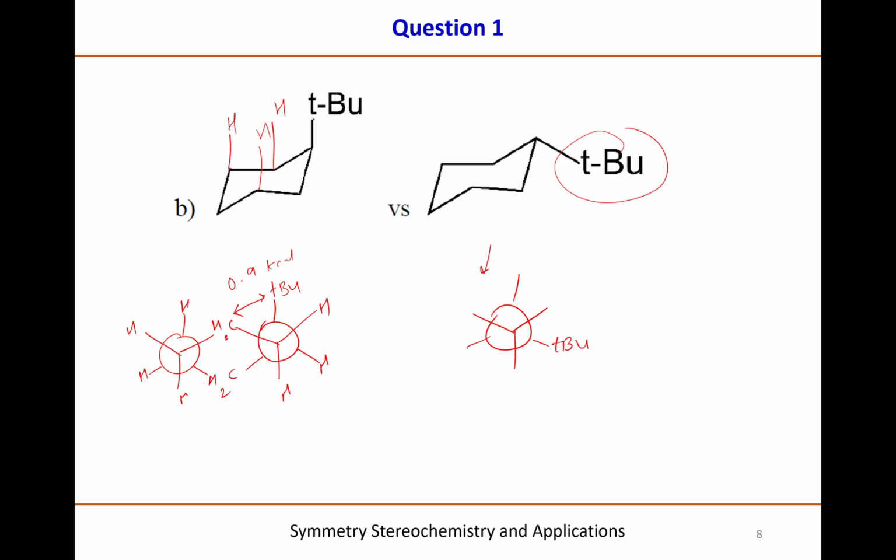And if I write in a full form, completely open, this will look this way, tertiary butyl group, right?